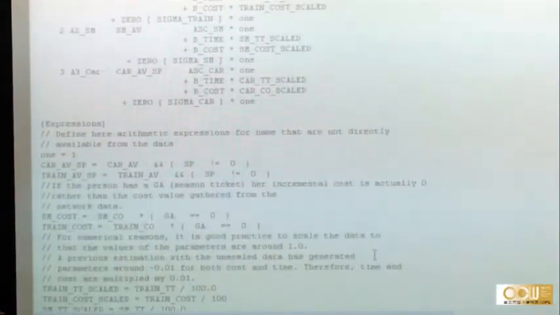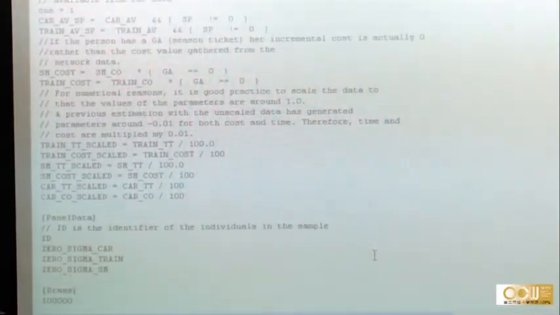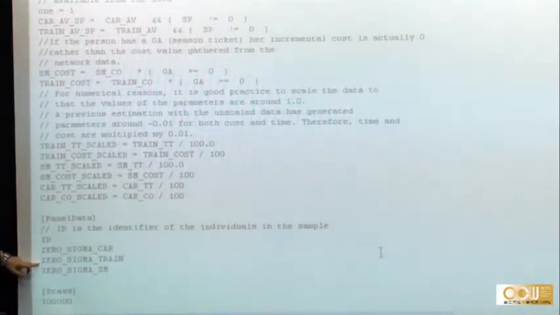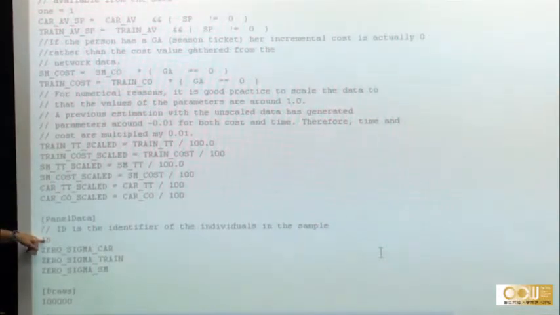And let's see how he accounts for panel. He accounts for panel by doing this. So I believe, you know that this is SP. So SP means that he has multiple observations from the same individual. You have seen that yesterday, right? So it means that all the observations from the same individual have the same ID.